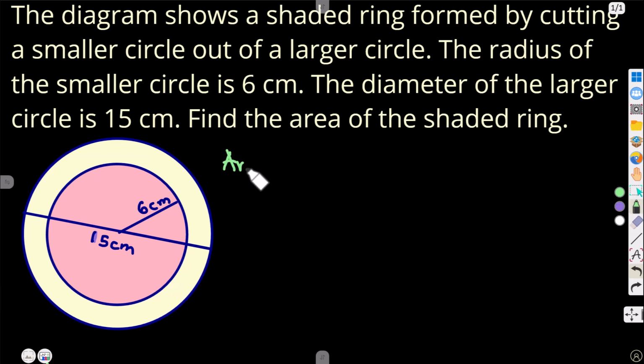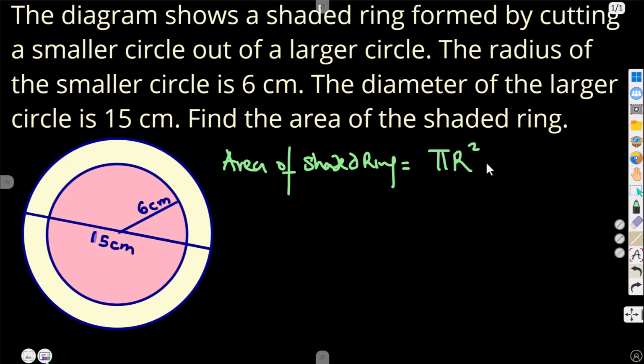The area of the shaded ring will be the area of the bigger circle, which is pi R squared with the bigger R, minus the area of the smaller circle, which is pi r squared.